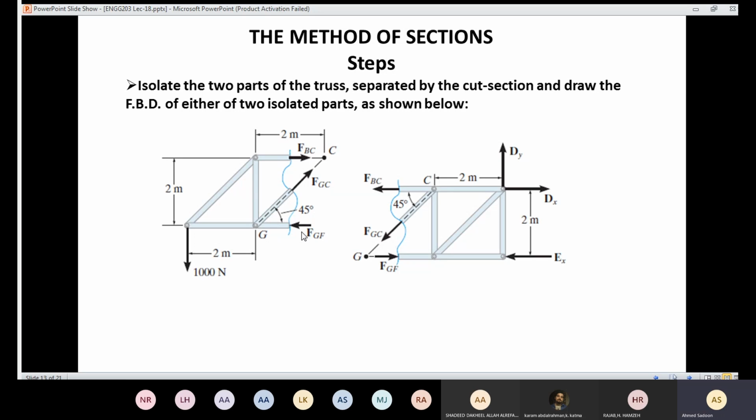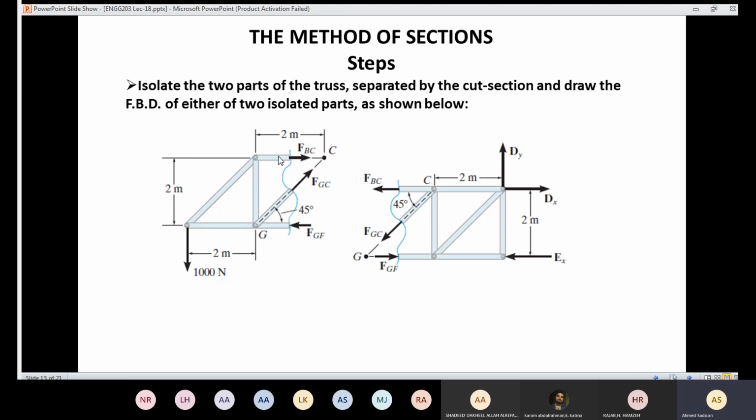Because if you do remember the assumptions, we say that all the forces are going to be applied to the joints. And also, we said that the members are connected together at smooth pins. That means I'm not going to have any shear force or moment. So I'm going to have only normal forces.